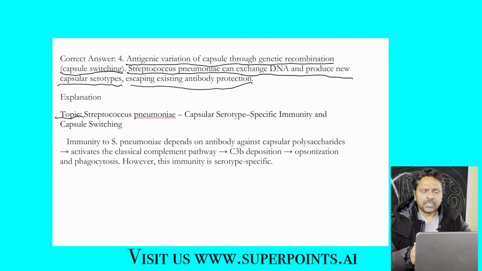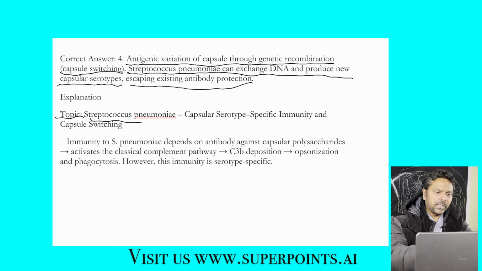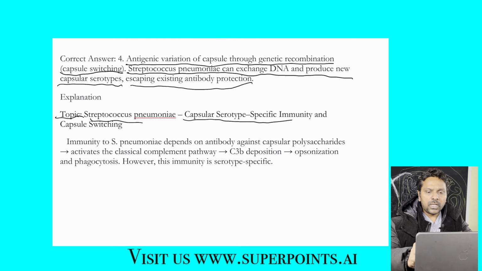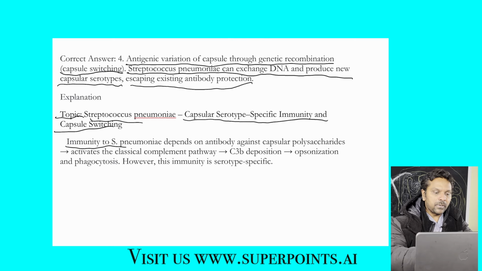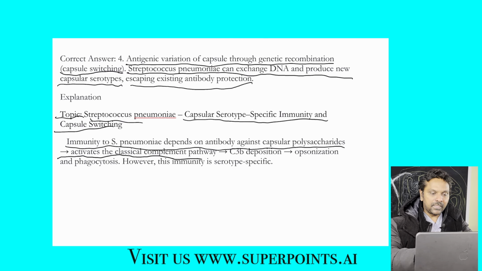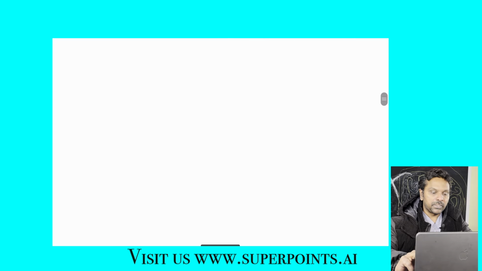The topic is Streptococcus pneumoniae, capsular serotype specific immunity and capsule switching. Immunity to Streptococcus pneumoniae depends on antibody against capsular polysaccharides. It activates the classical complement pathway, C3b deposition, opsonization, and phagocytosis. However, this immunity is serotype specific.